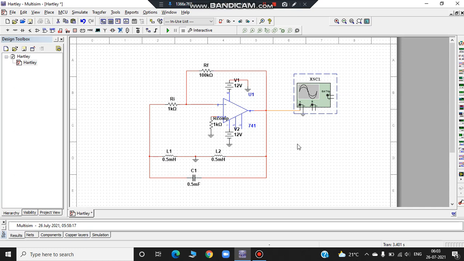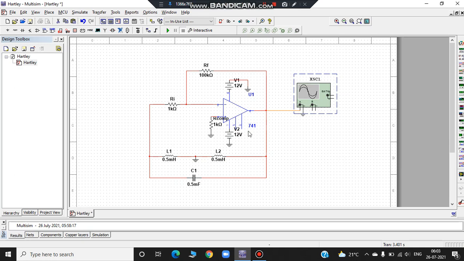We've designed for an oscillator having a frequency of 200 hertz. So the formula for frequency is f naught is equal to 1 by 2 pi root L equivalent C, where L equivalent is given by L1 plus L2 plus 2M if mutual inductance is there, but we don't have it now.